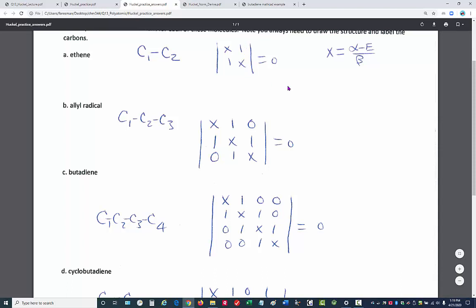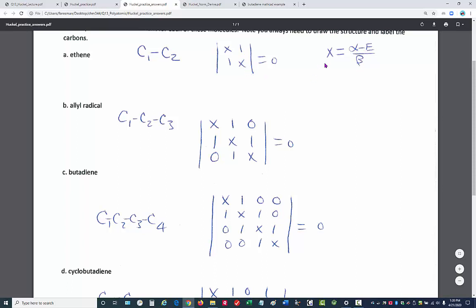Now here I'm using a shorthand notation for X, right? This is the same, let's say, as if we were to put alpha minus E wherever you have X, and beta wherever you have 1. I've made this little shorthand notation by saying, okay, let's define X as being alpha minus E over beta.